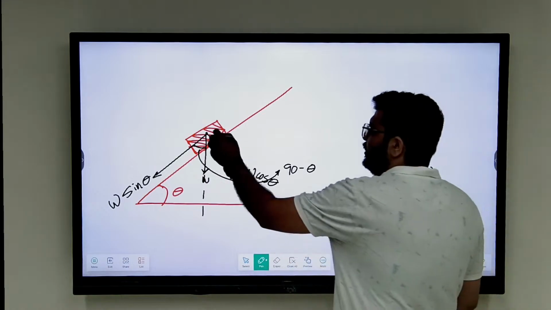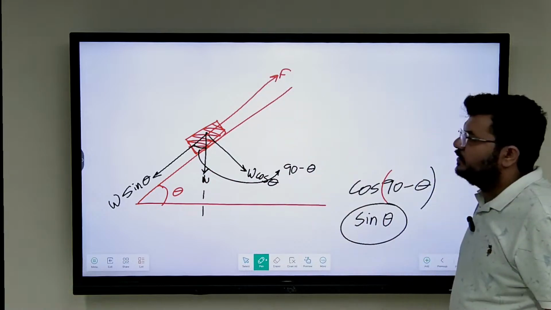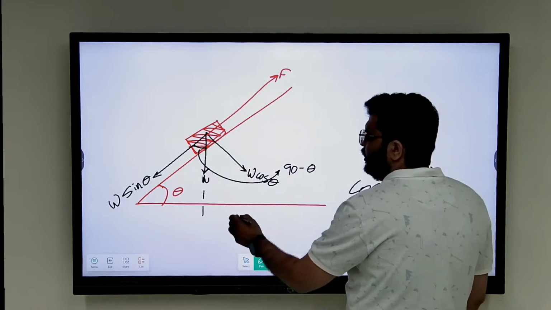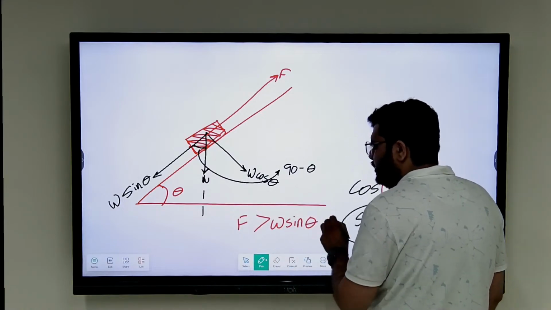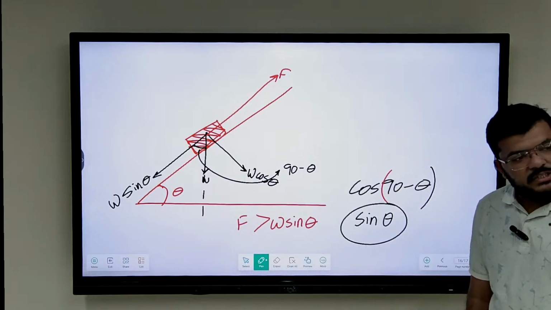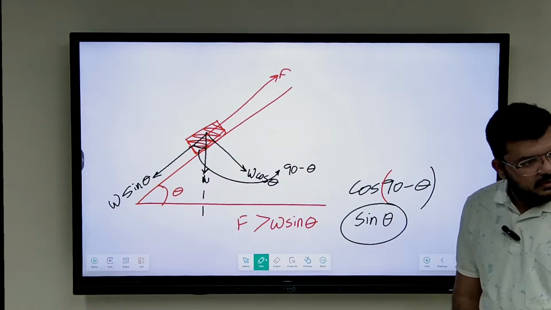So let's say I am pulling this box upwards with a force F. If I am pulling it upwards, force F has to be greater than W sin theta if it has acceleration. If it is at constant velocity, it is equal to W sin theta.